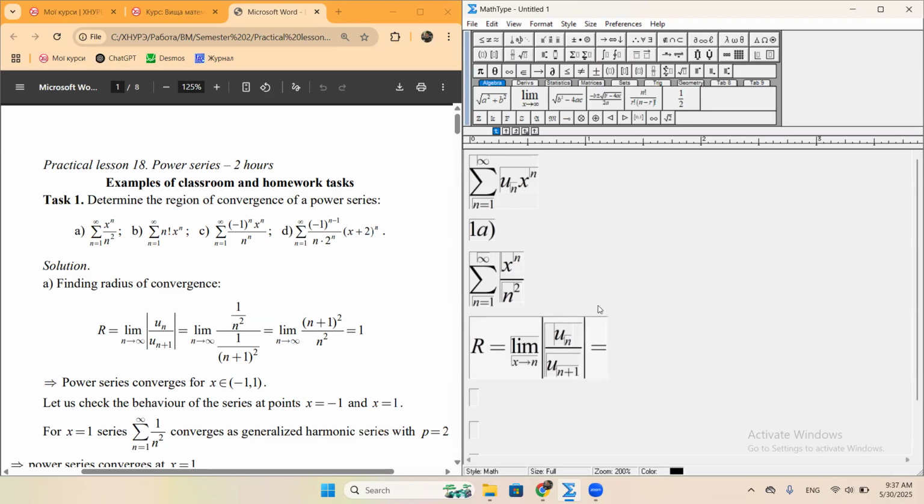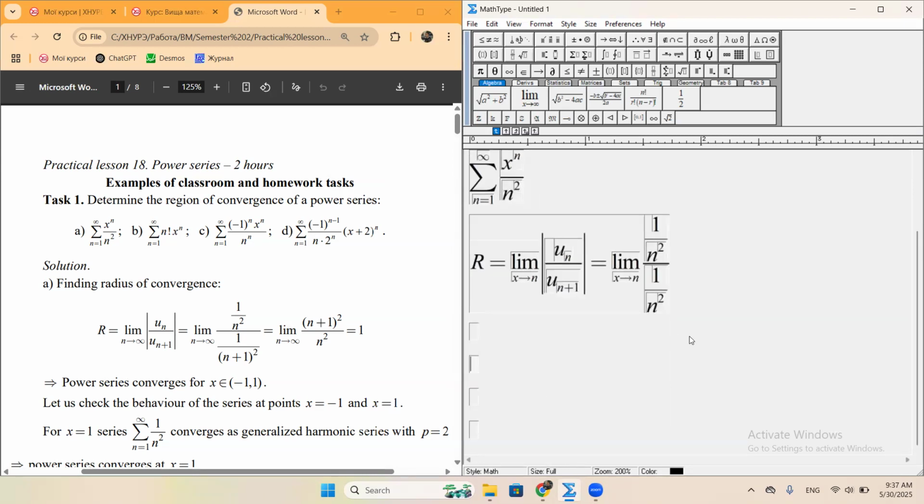So what will we divide? 1 over n square and 1 over n plus 1 square, and the limit will be equal to 1.